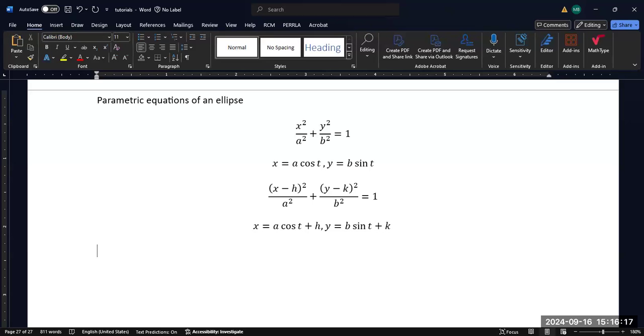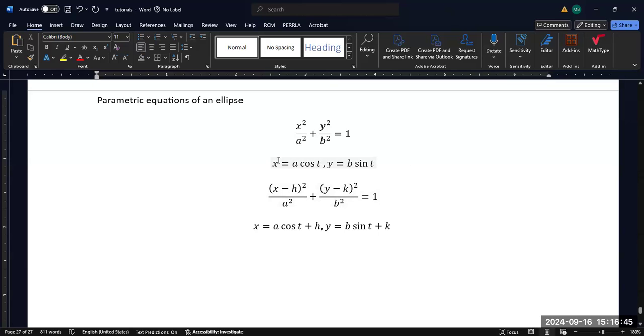So all of the examples that we're going to talk about from this point forward are going to be centered at the origin for the sake of simplicity. We're going to worry about one adjustment to our parameters at a time. But in principle, you can always make all of these adjustments that we're going to talk about to your ellipse in order to get it to behave in a very particular way.